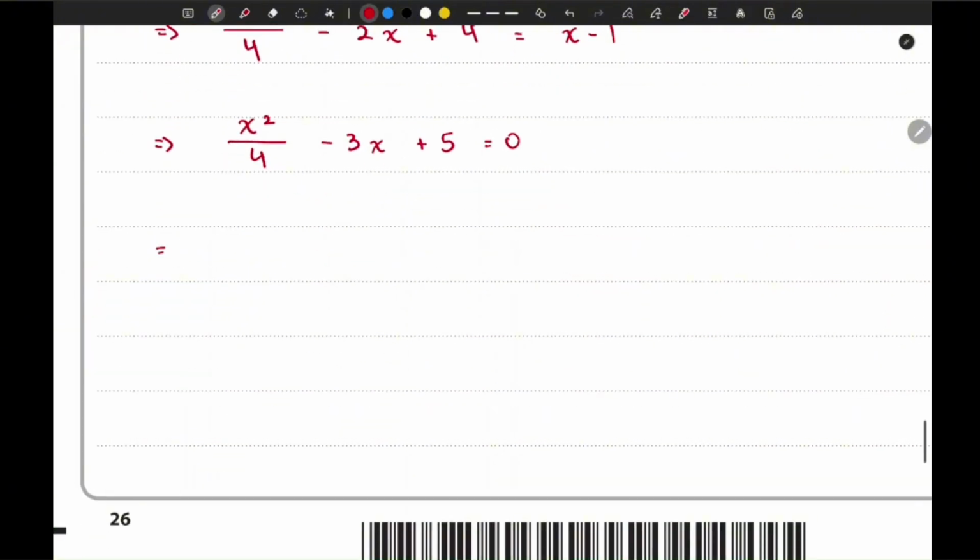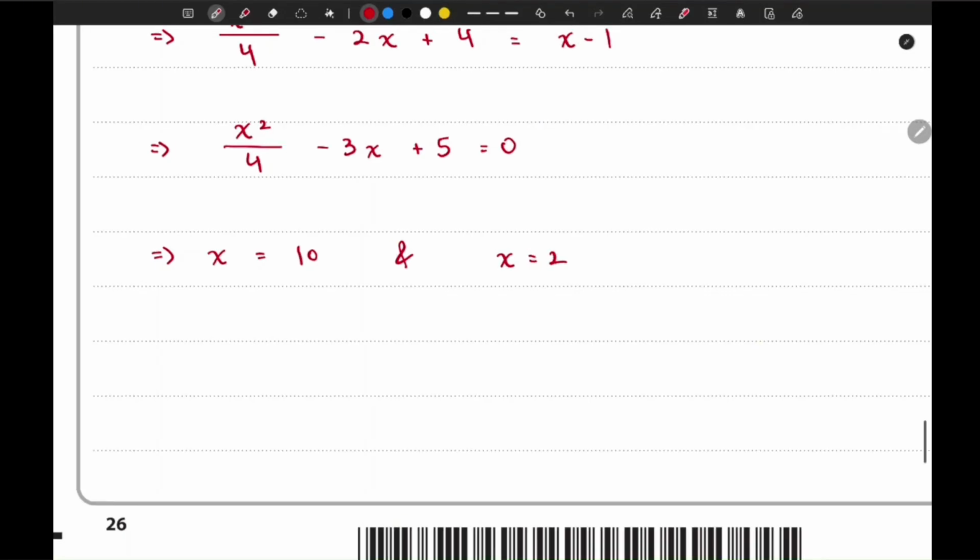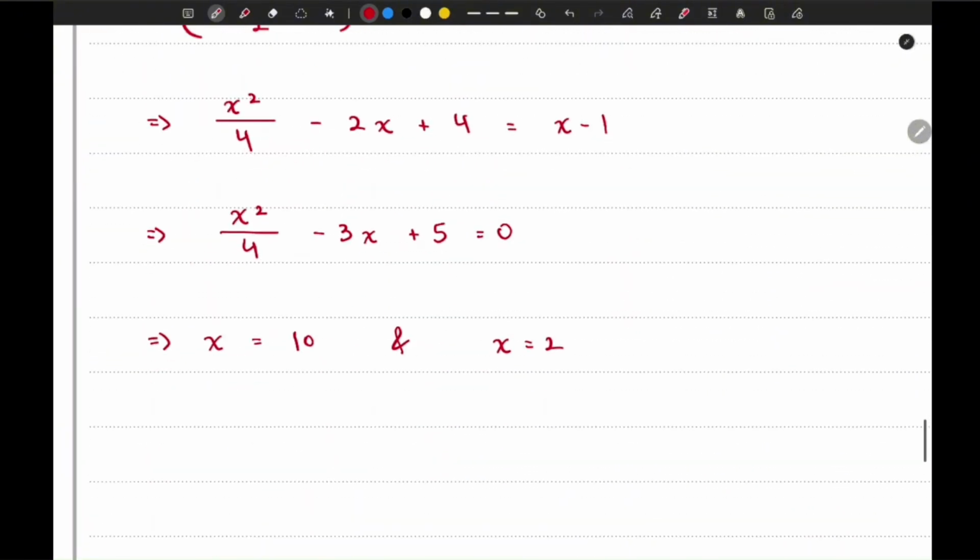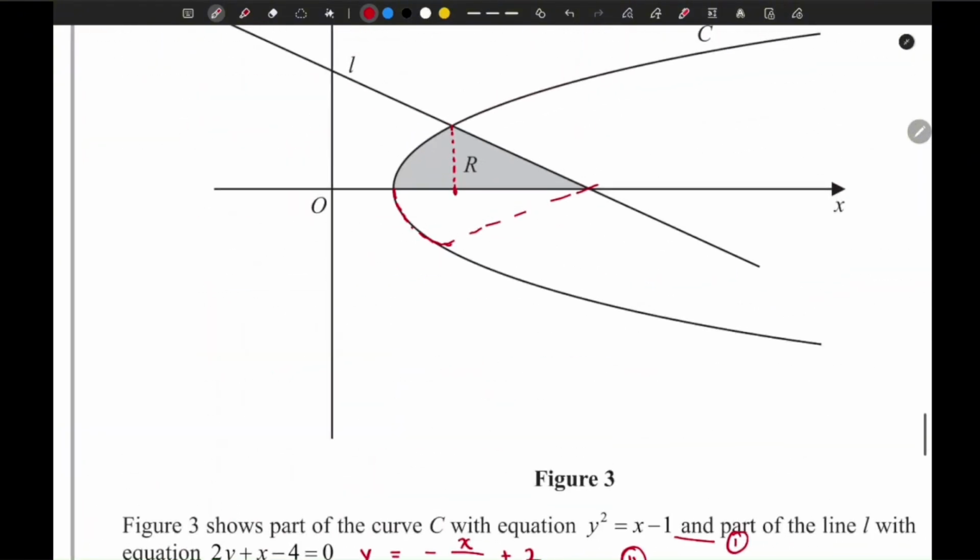Now if we solve this equation using the quadratic formula, we will get the value of x as 10, and the other value would be equal to 2. Now we need to determine which of the values of x is 2 or 10.